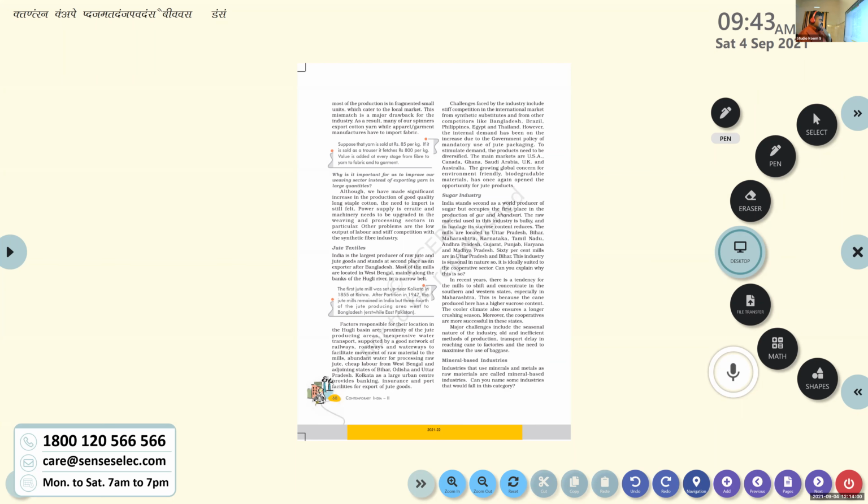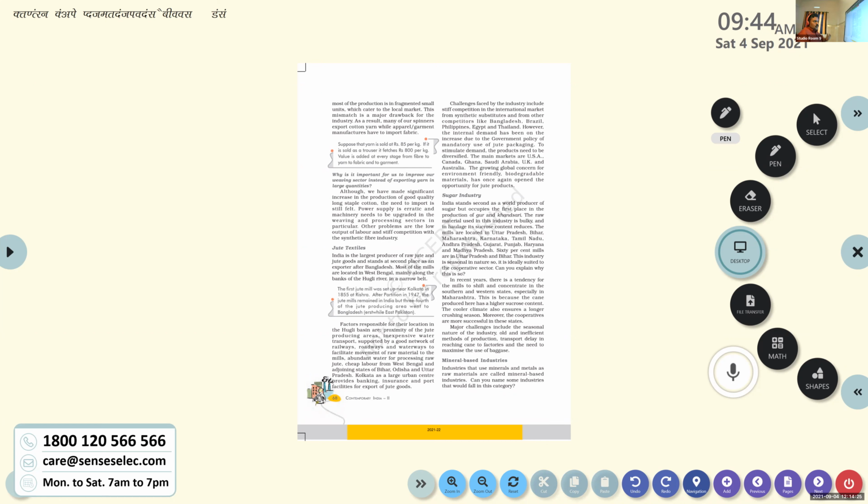Textbook, page number 68. Jute textiles, you can see that. India is the largest producer of raw jute and jute goods and stands at second place as an exporter after Bangladesh. So India is the largest producer of raw jute in the world, and jute goods.